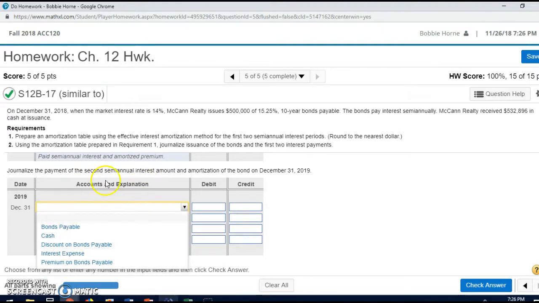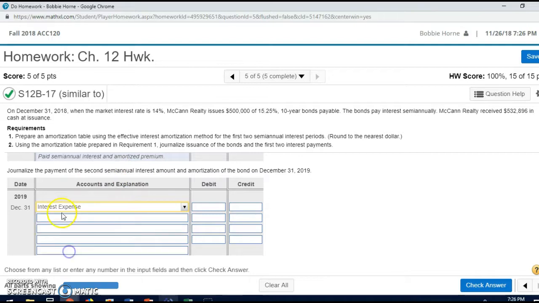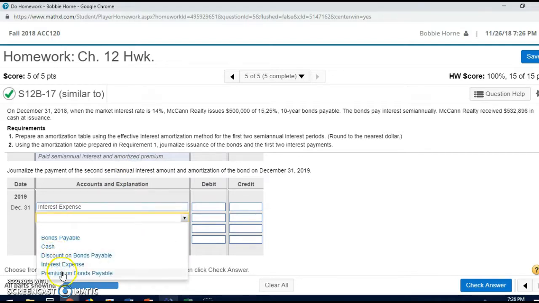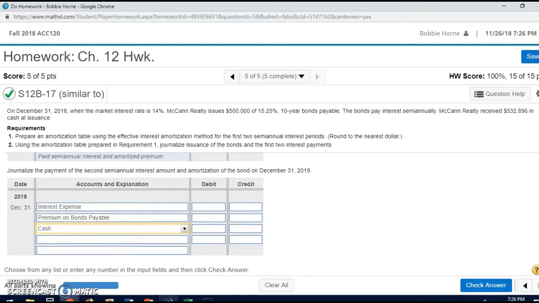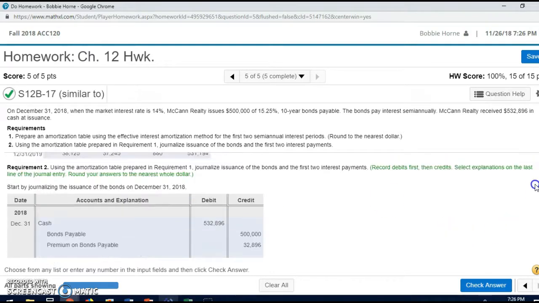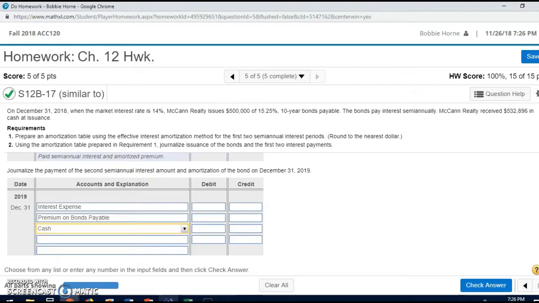And then journalize the payment of the second semi-annual. So interest expense, premium, cash. Now, the cash is still going to be $38,125. And the interest expense, I think, was $37,245.